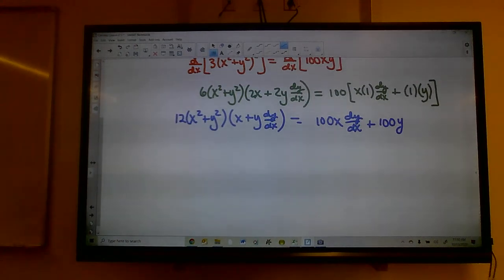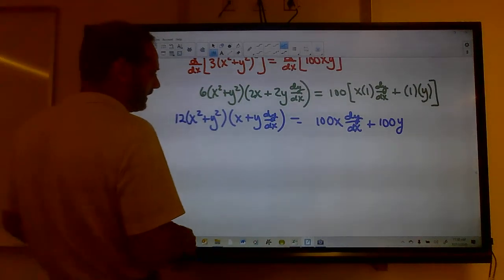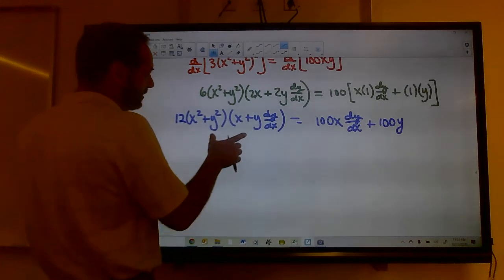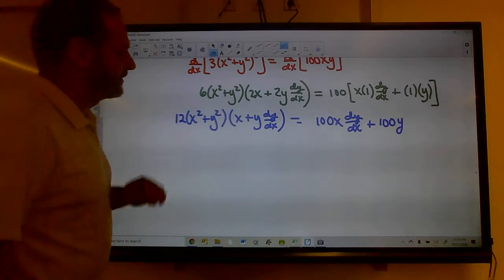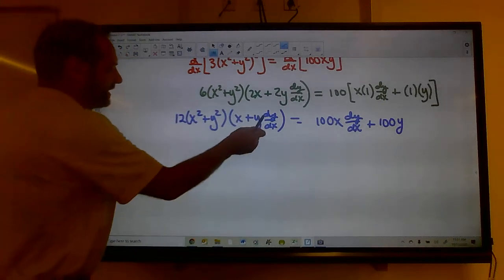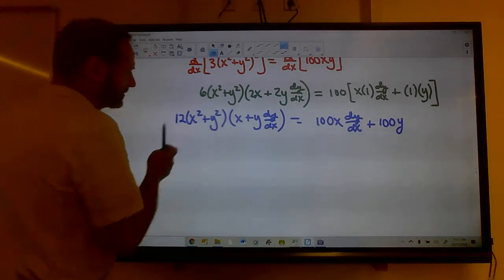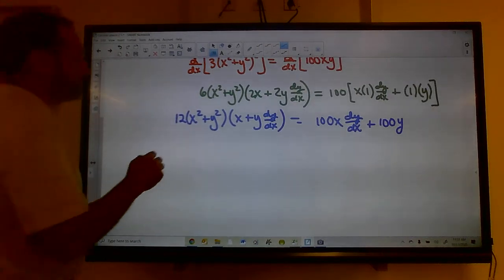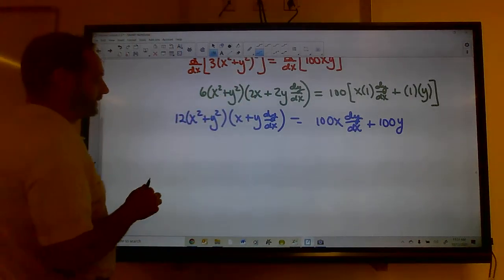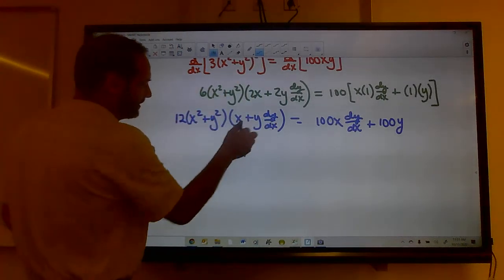Now the problem here is I need to get this all multiplied out so that I can get the dy/dx's. This dy/dx is attached to the y, which is also attached to all this stuff. So I need to get it all separated, and that's a little bit of a chore. So let's see here. I'm going to take this stuff and distribute it in here.